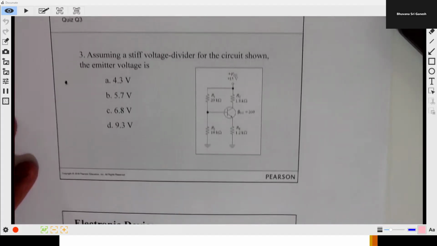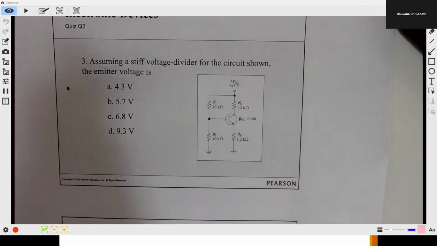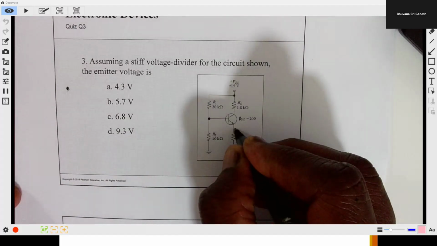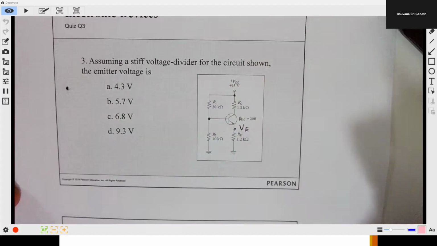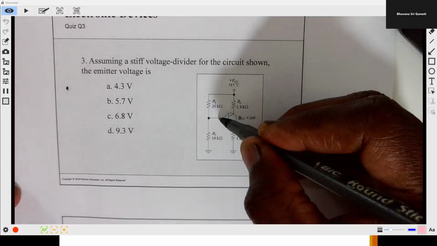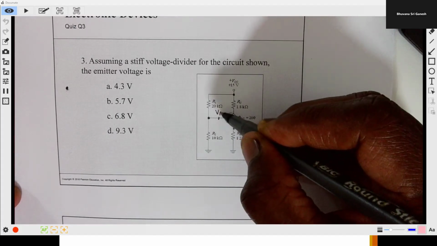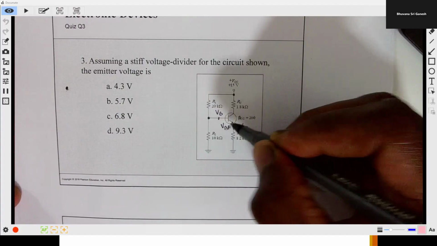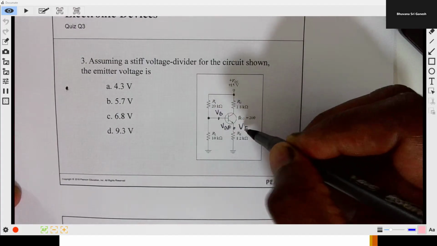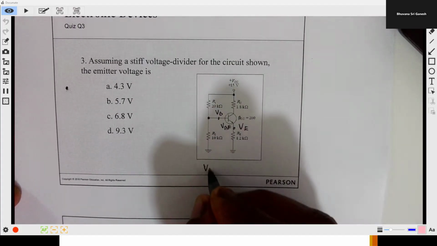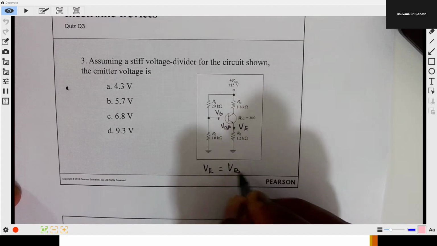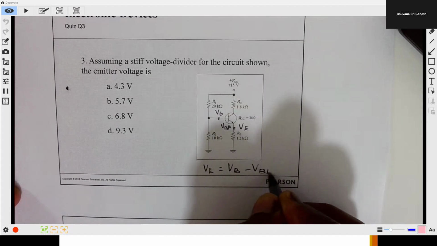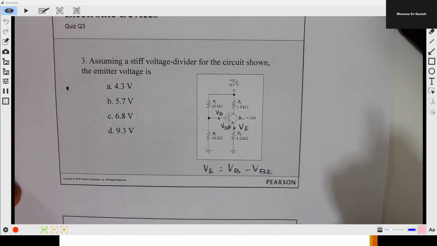Question 3. Assuming a stiff voltage divider, you're going to calculate the emitter voltage, VE. Now what is VE? You have a voltage VB here and you have another voltage drop VBE. So VB minus VBE will be VE. Now you have to calculate VB.